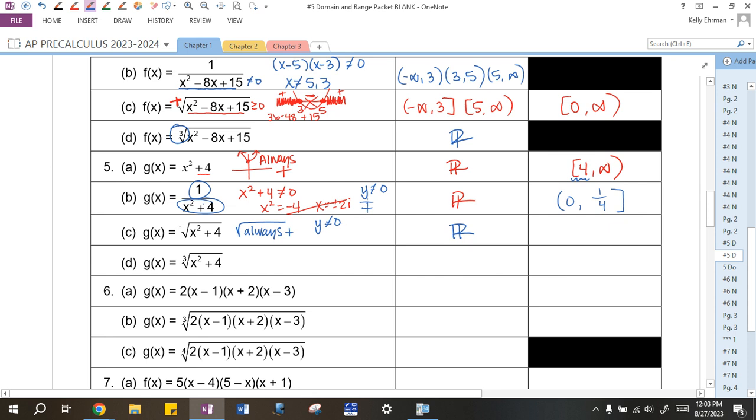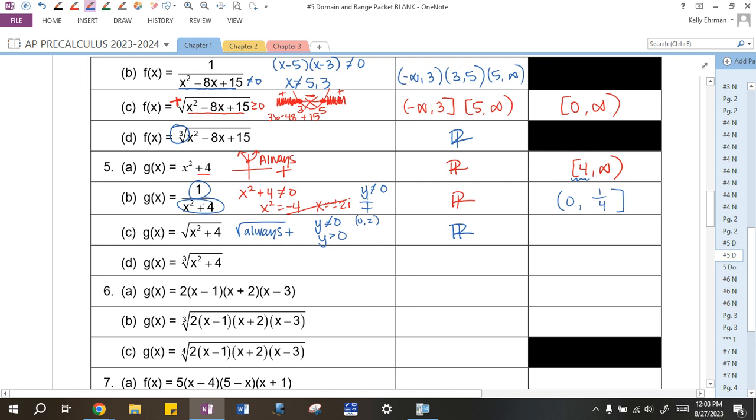Will we ever get any negative values? No, because y is always going to be positive. Square root of a real number will always be positive. Then is there any minimum value on this one? If we plug in 0, we get square root of 4.